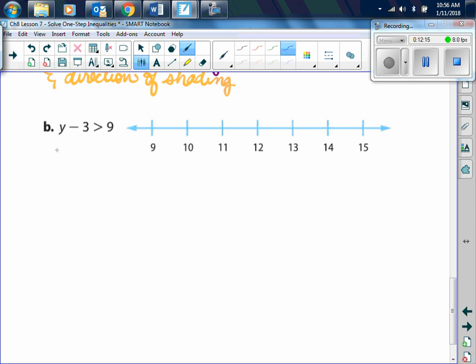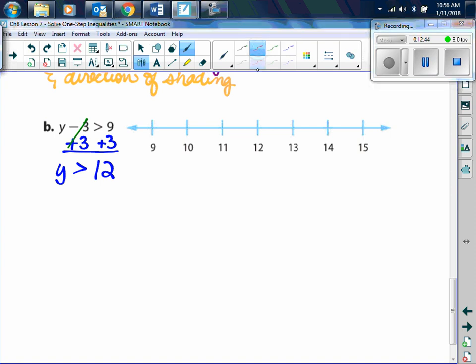We're going to add 3, because it says subtract 3. We're going to add 3 on both sides. So here, the positive and negative 3 cancel out to 0. And we end up with y is greater than 12. Very good.